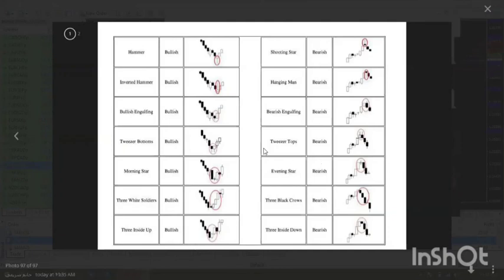So is it a continuation candlestick or a reversal? No, it is going to send the price up. So if it's white it goes up and if it's black it goes down, right? Yes, exactly.